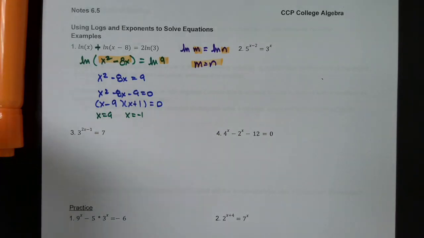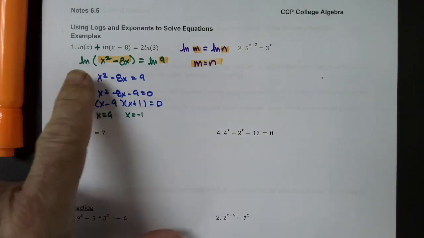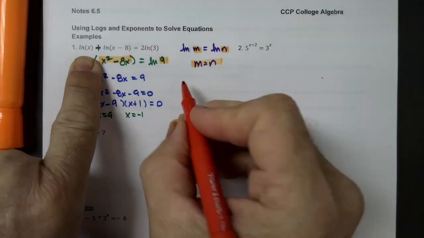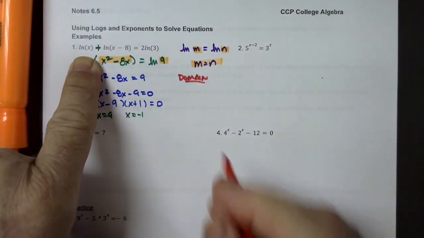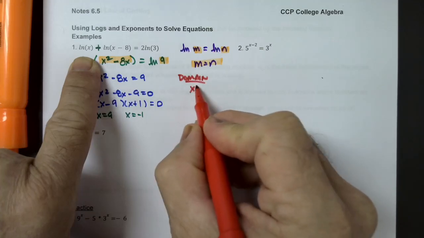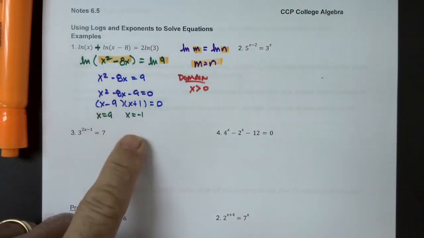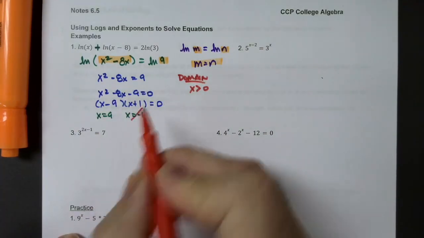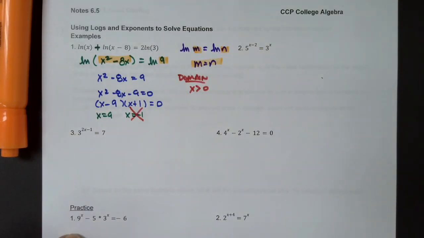Now, one thing we didn't do was to check our domain. If you look up above, we do have the natural log of x here. So if we were looking at the domain, that one's quite simple. x just has to be greater than 0, which causes us to say, oops, this x equals negative 1 is not going to be one of our solutions.